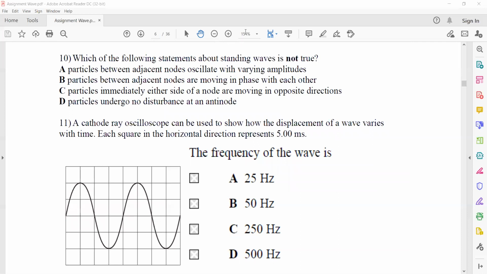Question 10. Which of the following statements about the standing wave is not true?